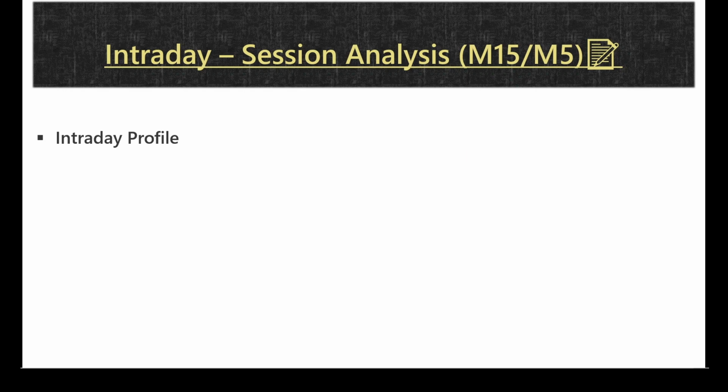Now we have the London session distribution, which could be after the manipulation. Inside the same London session, we could have a distribution to the intended direction. And we have the New York session continuation, which could be a continuation of the London distribution or a complete reversal inside of the New York session.